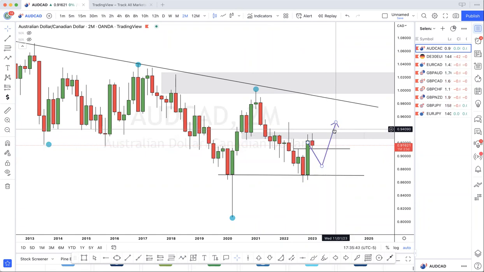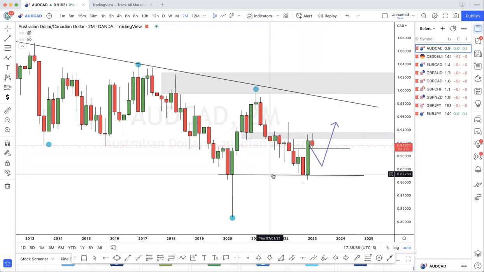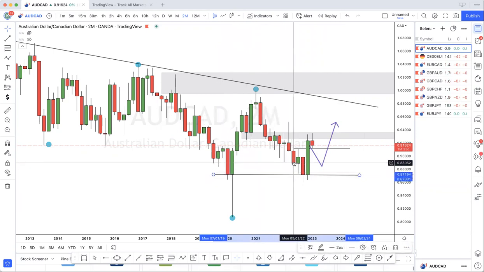This is when I say, if price doesn't give me what I need at the time to take a counter trend trade, I'm not going to take it. But this right here, I would take. One, because we have this double bottom right here.